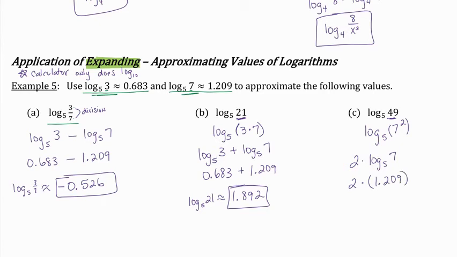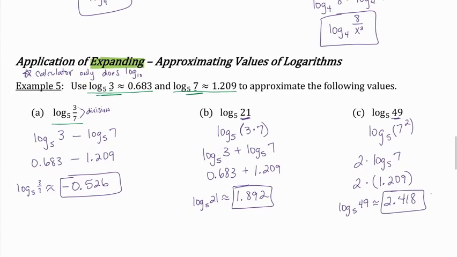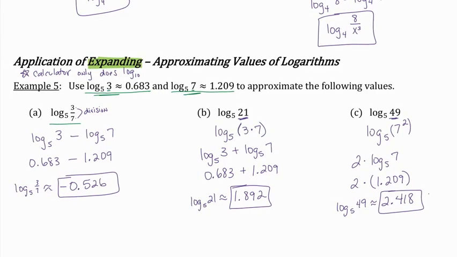And if we do that in our calculator, we get an approximate value for log base 5 of 49 to be 2.418. Okay, so that's kind of one thing that we've used expanding logarithms for. You can write out other things to get other values.